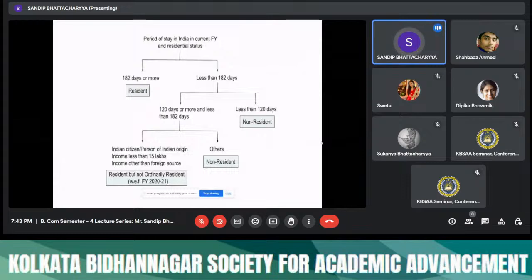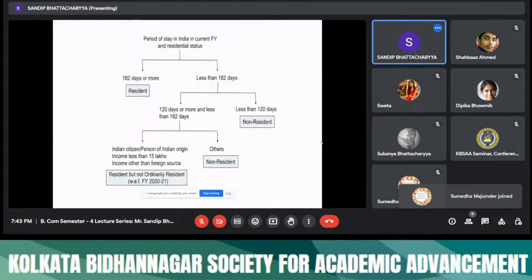This is very, very important. This section was amended after the financial year 2021.